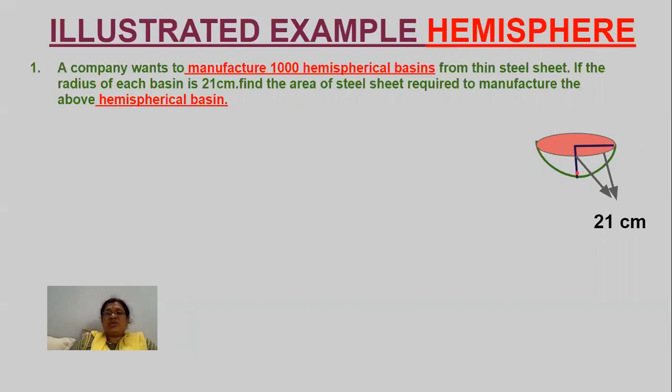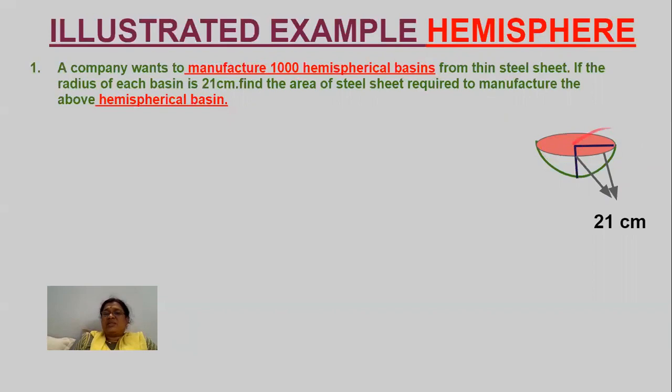How many basins? You have to prepare 1,000 basins. Basin usually does not possess a lid. If a lid is there, you have to go for TSA. If a lid is not there, you have to find LSA in this problem also.